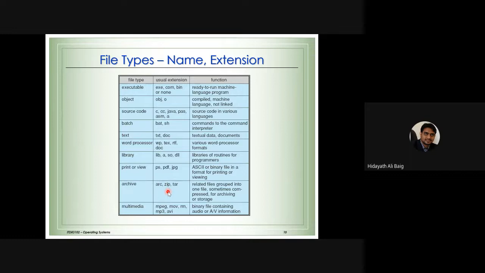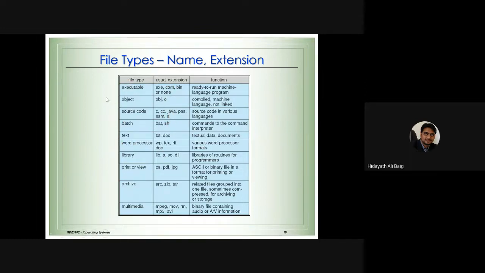Zip file, RAR file, we know it is for archiving or compressing the files. PostScript or PDF file, JPG file, we know the JPG is for the picture and PDF for the Adobe PDF reader. And we have the word processor, which is document file. If you have a text file, .txt. Source code file like Java, C, C++, they are the files. So we all know about different types.